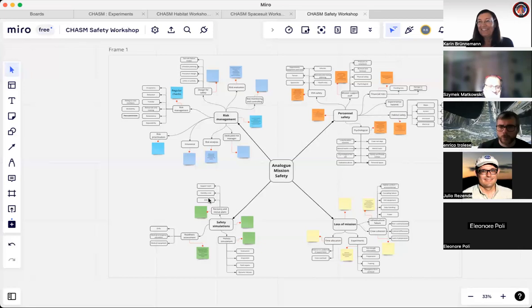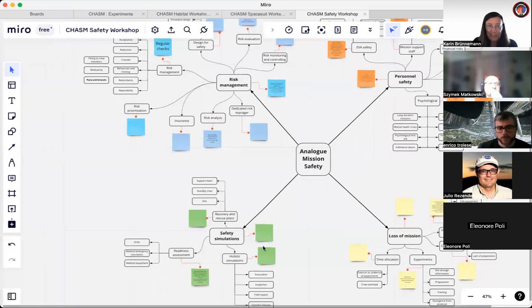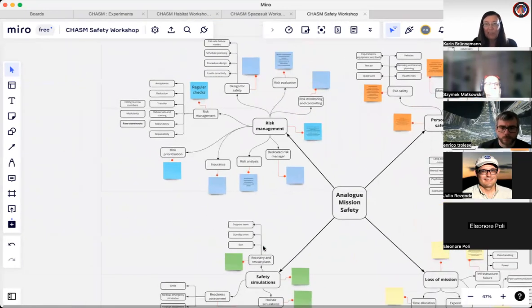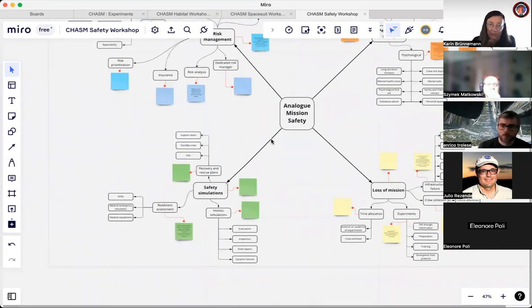We should ask maybe what's the area that is less discussed generally, and maybe people are more interested. Yeah, I think we can see it by the number of comments. The safety simulations don't have a lot of comments. The risk management doesn't have too many comments. But then there is a lot of overlapping between these four areas, so I wouldn't even see them as totally separate.